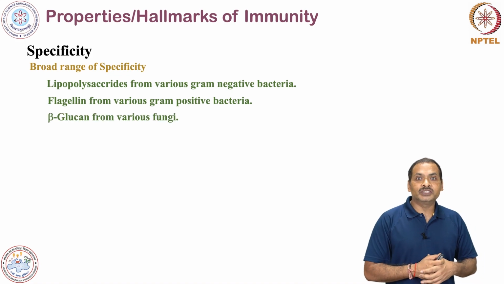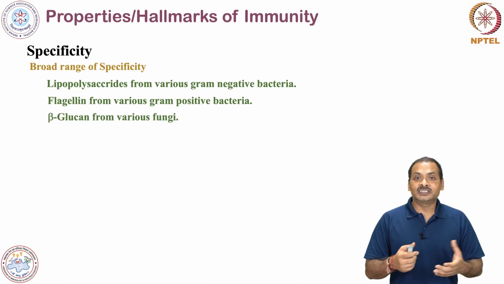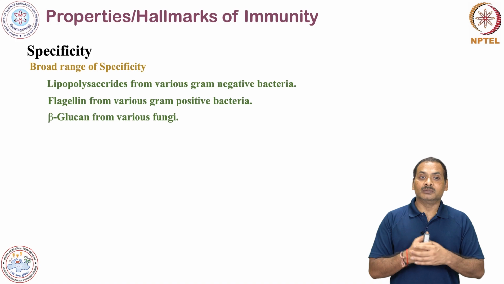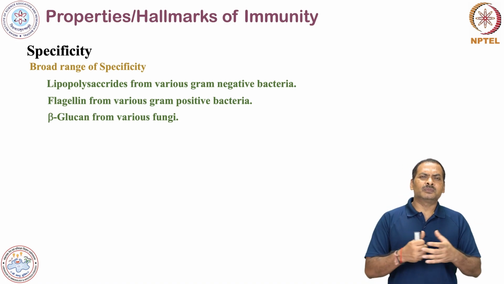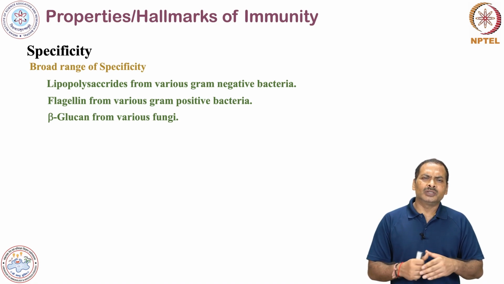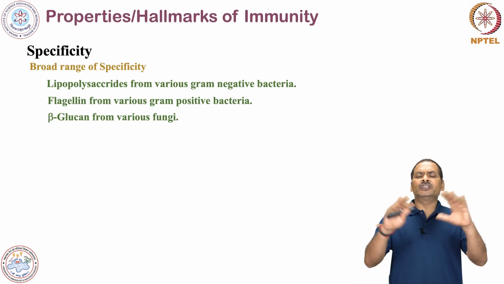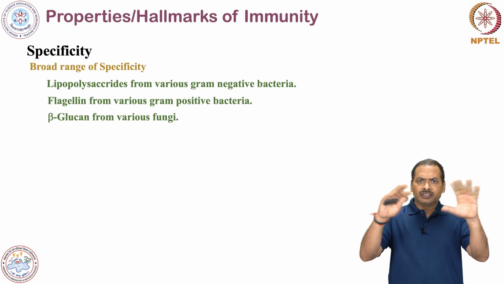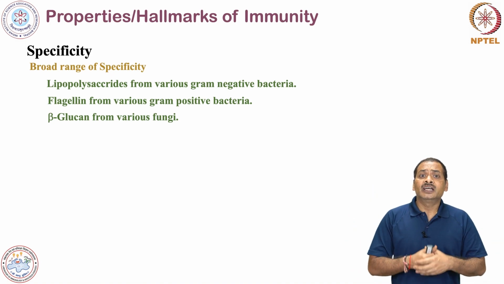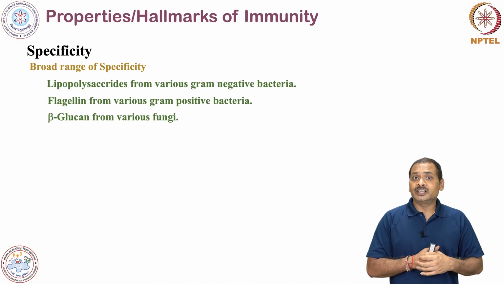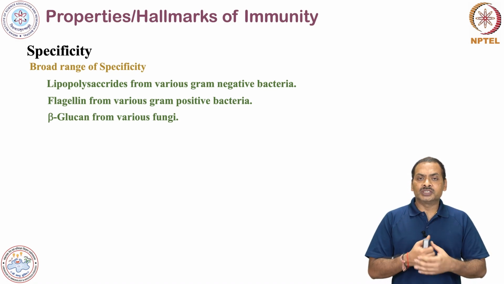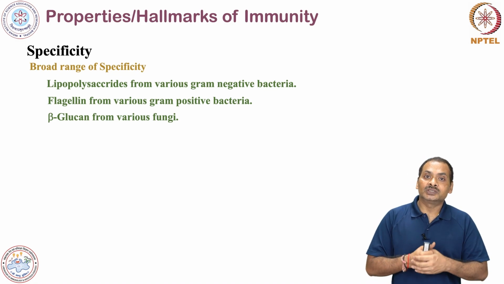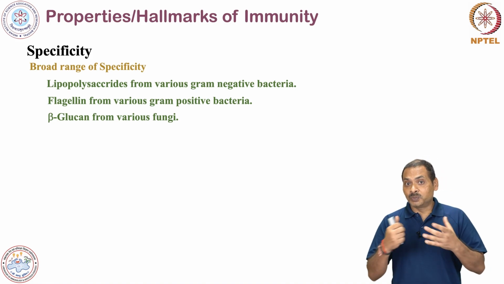Another example you can see is beta glucan. Various fungi produce this beta glucan, which makes a kind of covering or cell wall of the fungi, and this beta glucan can also be recognized by the immune system, and then it can induce the appropriate responses.